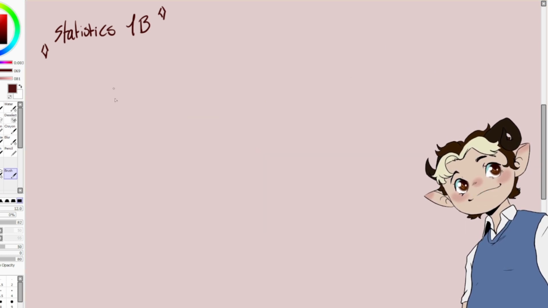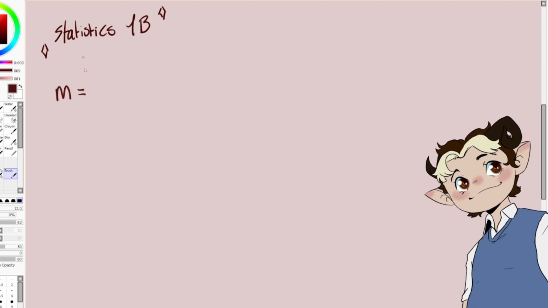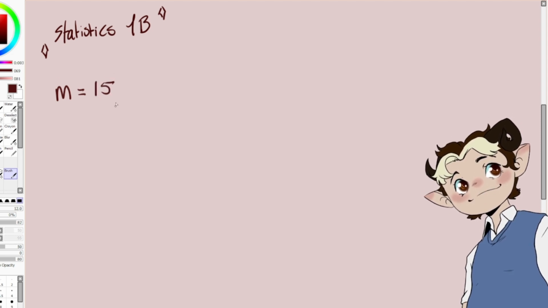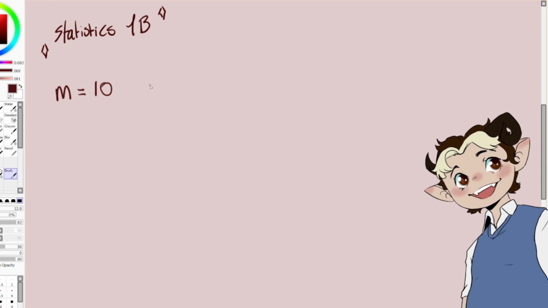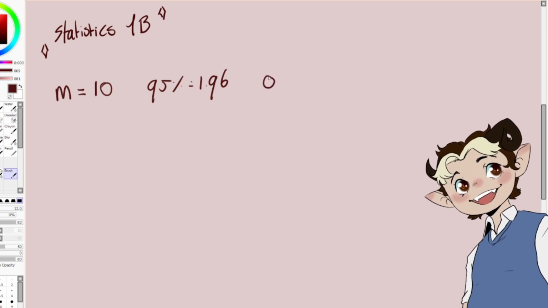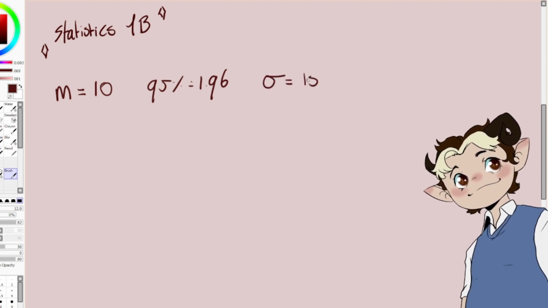Now, let's say that we have a margin of error that we want to have. Let's say we want a margin of error of 15. Or maybe that's a little bit big. Let's say a margin of error of 10. And we want to have 95% confidence. So that would be 1.96. And we also know our standard deviation is still 15.